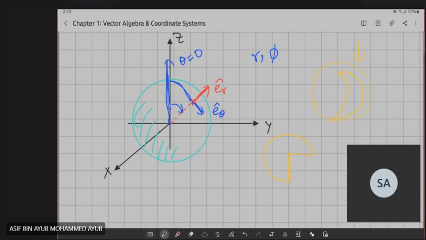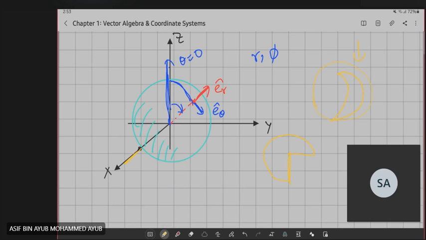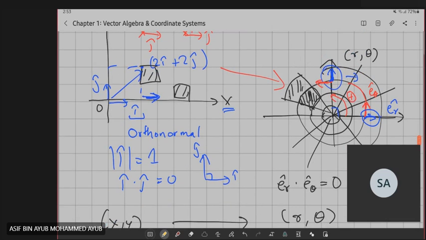So phi equals 0 will be along the x-axis. This is phi equals 0. If you increase phi, it will increase like this, exactly like the polar angle that you saw before, exactly like theta in there. So the theta there is phi in the spherical coordinates.